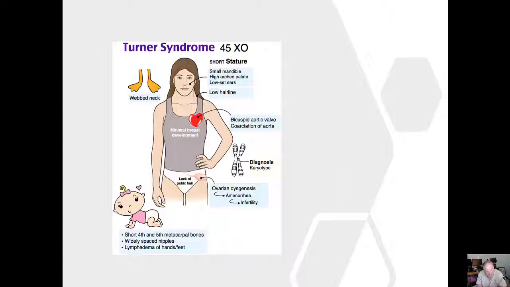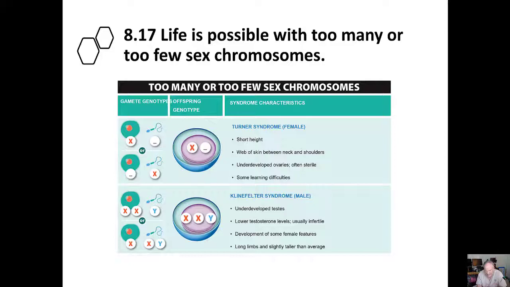And it's just interesting, it's a dose effect, and having a slight difference in X and Y. So the Turners have just the X, and Klinefelter's is XXY, Klinefelter syndrome male. And you can see the listing of some of the changes there.